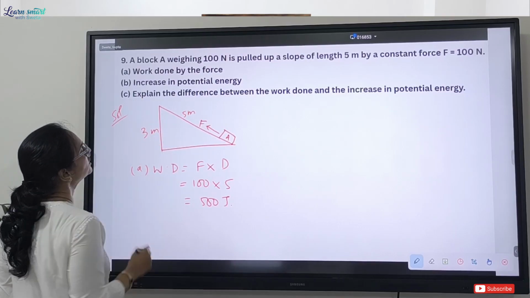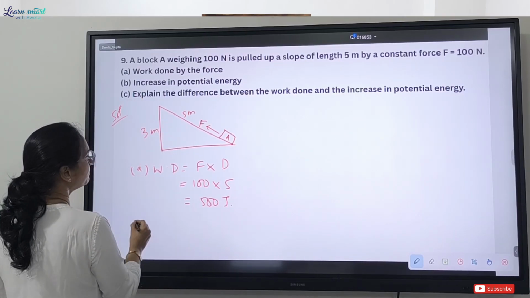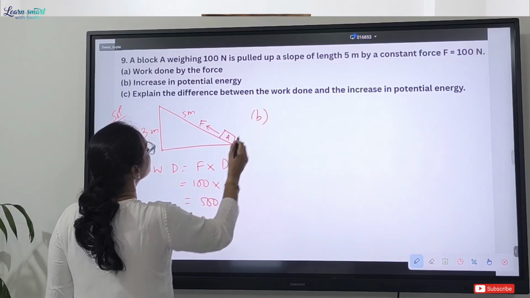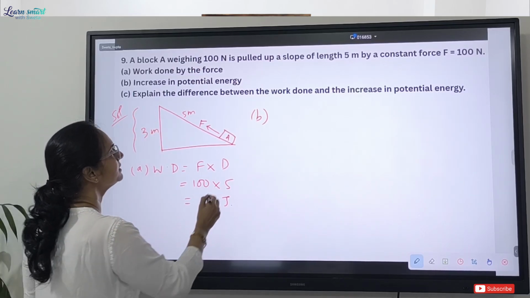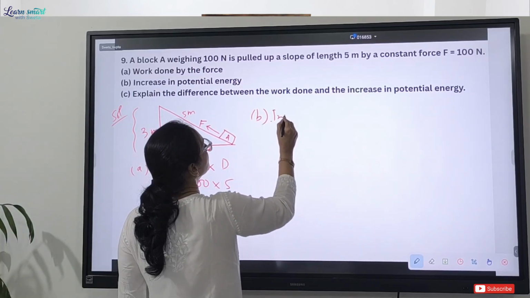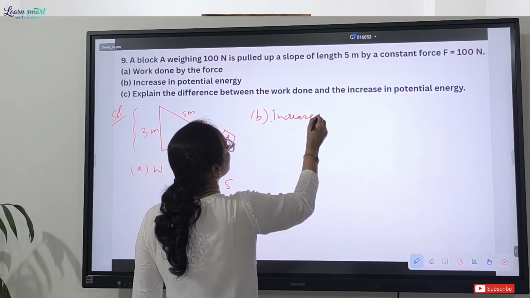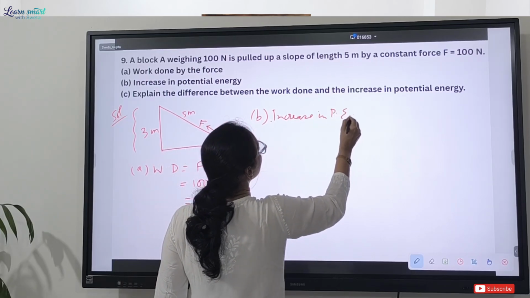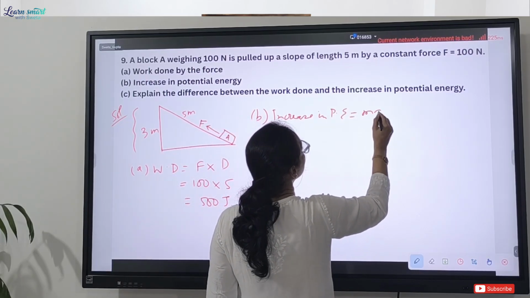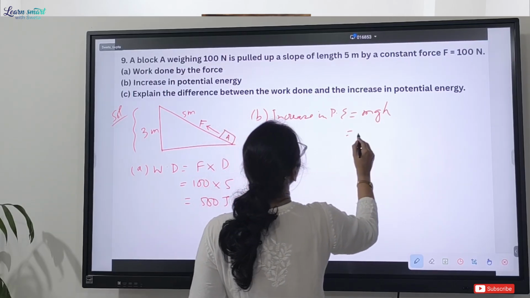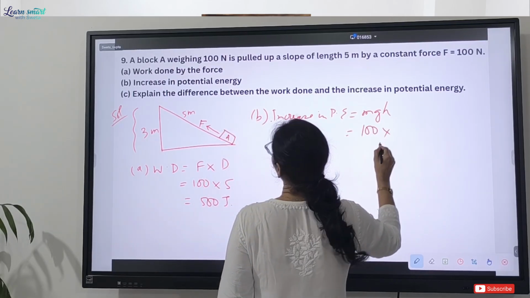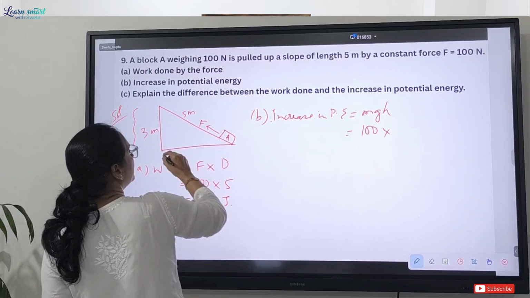Then increase in potential energy. What is the increase in potential energy? So if you see this block, it gains a height of 3 meter only. Increase in potential energy is equal to mgh. Mass m into g they have given 100 Newton. So 100 and height that the block rises is only 3 meter.